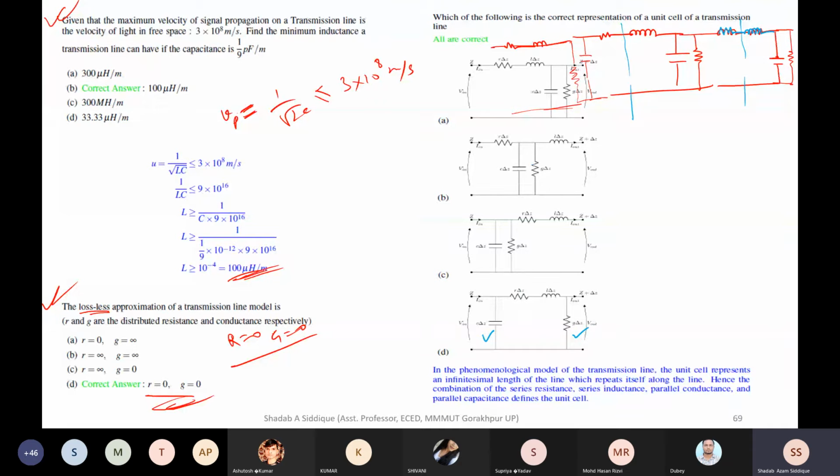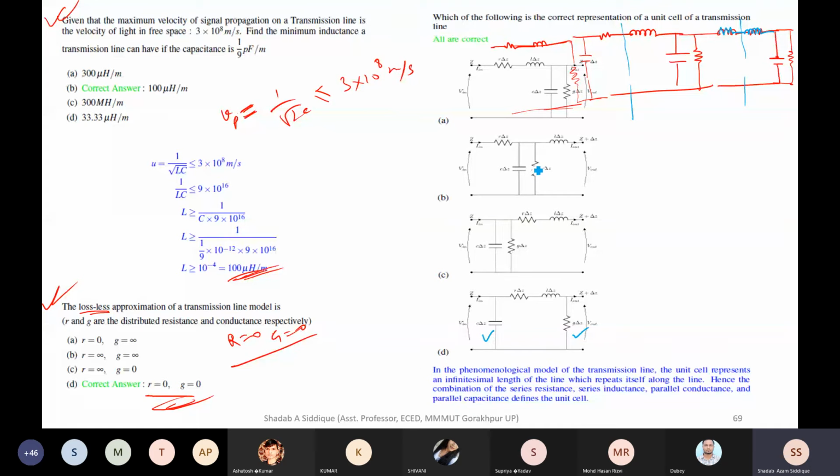So all these unit cells are correct. See, this is a very confusing problem. Maybe I have solved this solution for the transmission line. We went through the unit cell also, but maybe if I had given this problem, no one would be able to solve it because of the confusion.